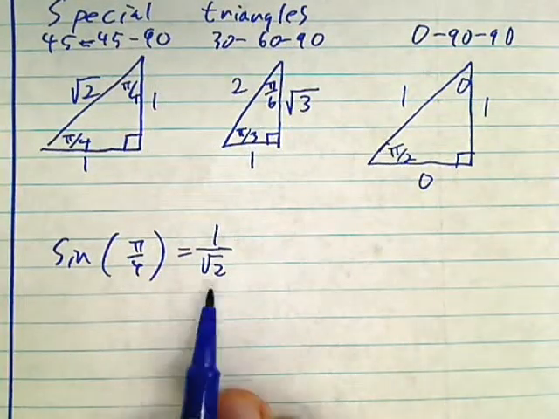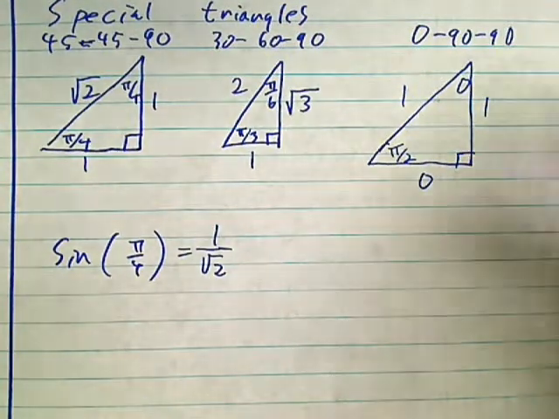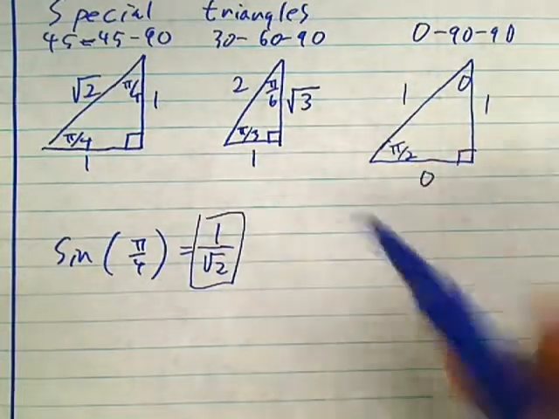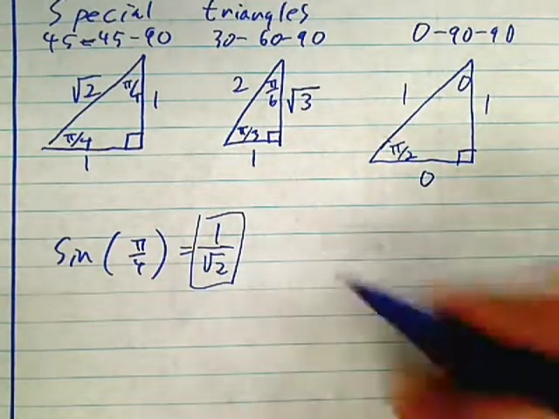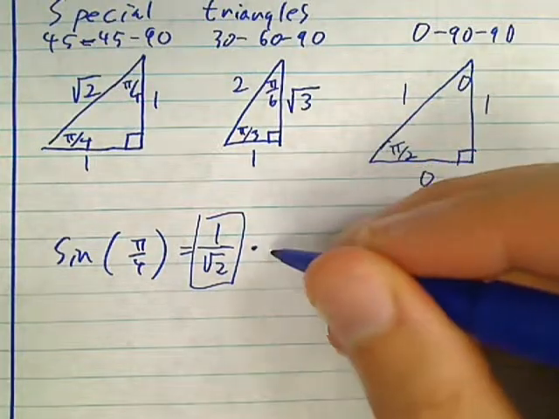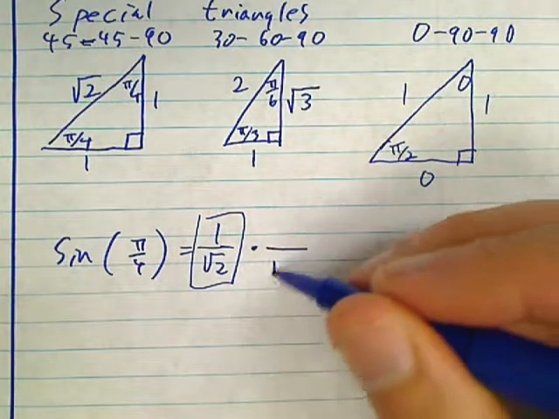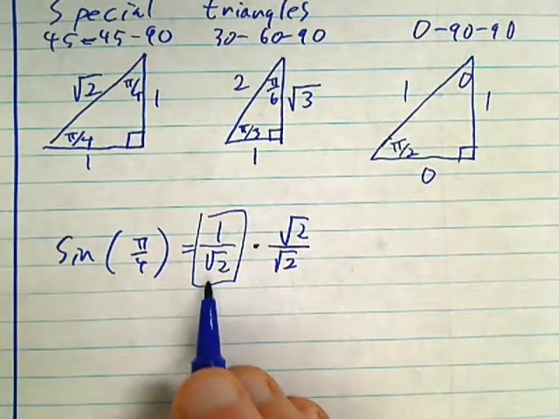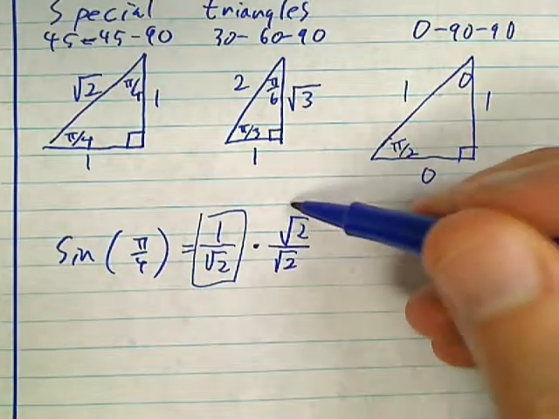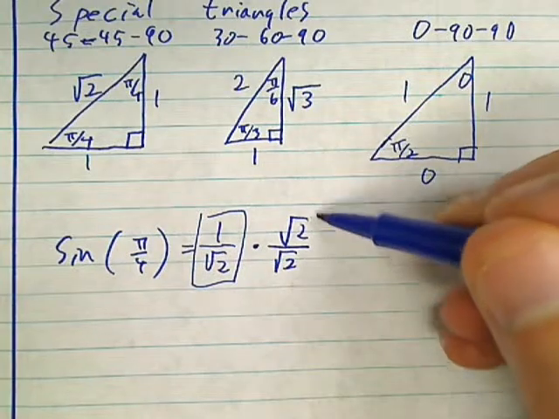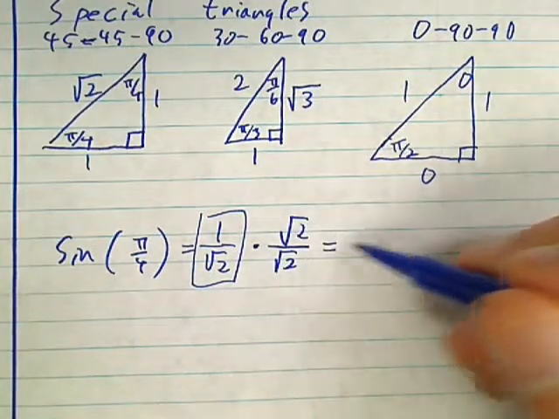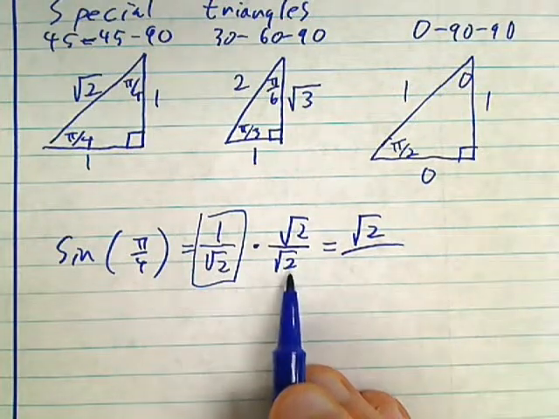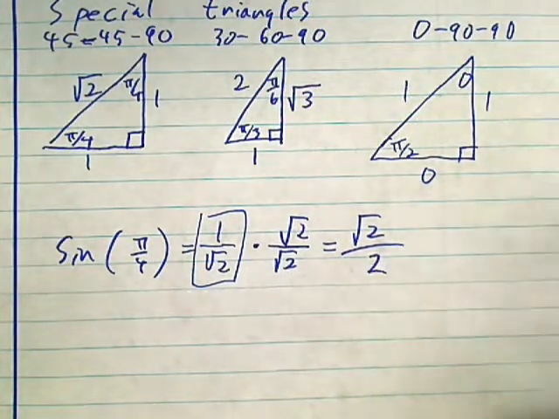Sometimes you'll see it written differently, because sometimes they rationalize the denominator. This is, in some circumstances, a perfectly acceptable answer, but sometimes we still like to rationalize that denominator. Remember, we don't like radicals in the denominator sometimes. If we multiply numerator and denominator by the square root of 2, that gives me the square root of 2 over 2, because the square root of 4 is 2.